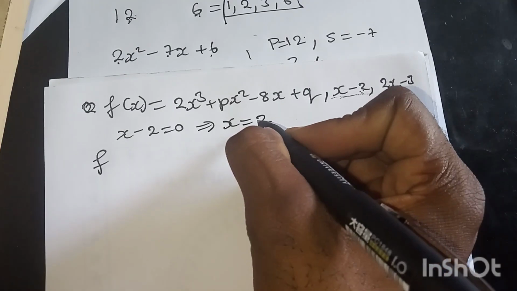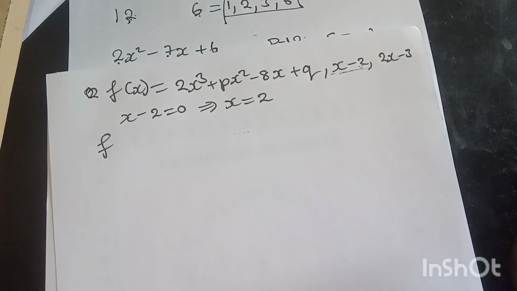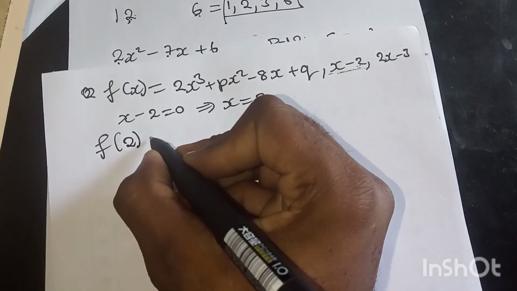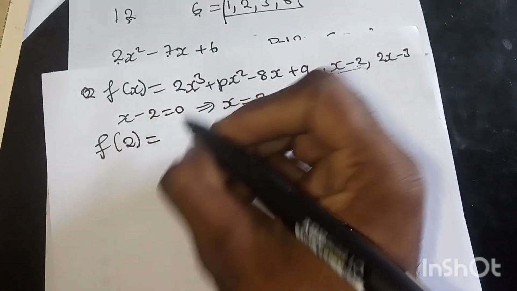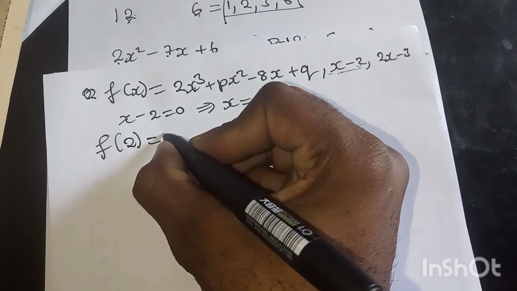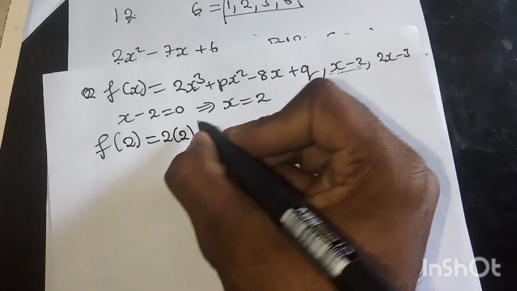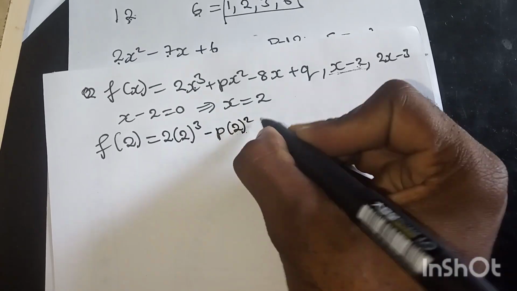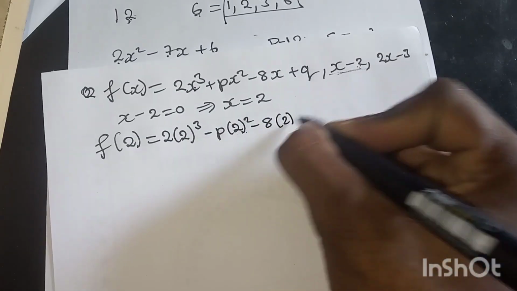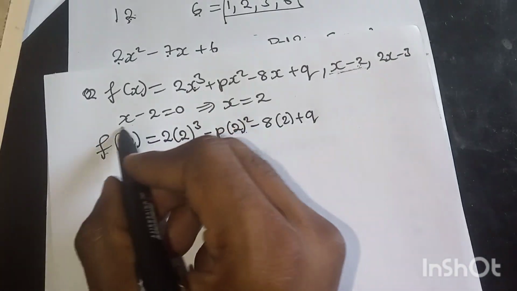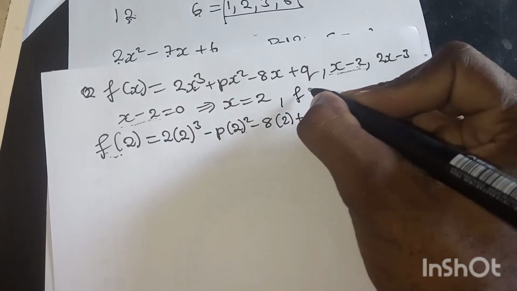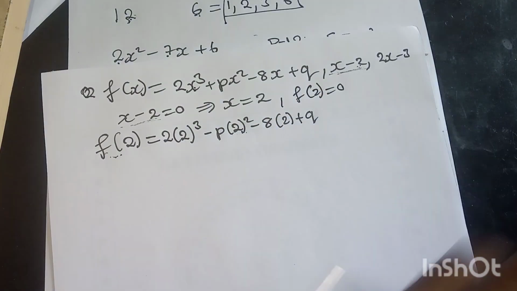So since this is a factor, we can find f of 2. Where there is x, you put a 2. So since this is a factor, we expect a 0 there. In short, f of 2 is expected to be a 0.